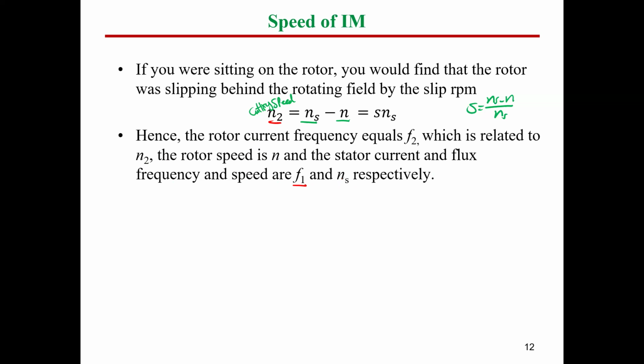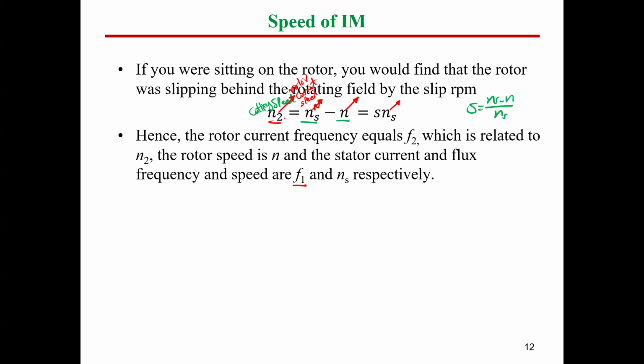So we have 3 different speeds, guys. The synchronous speed, which is the stator current speed or flux speed, the rotor speed, and the rotor current speed. And speed, guys, because we relate the current also to the frequency.